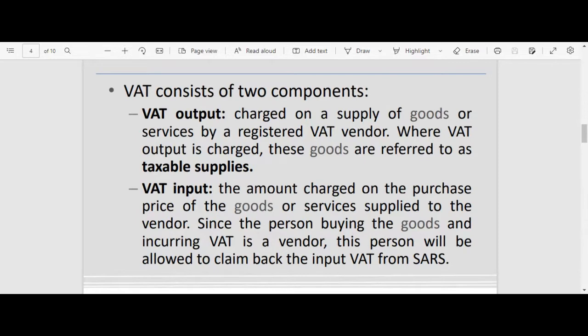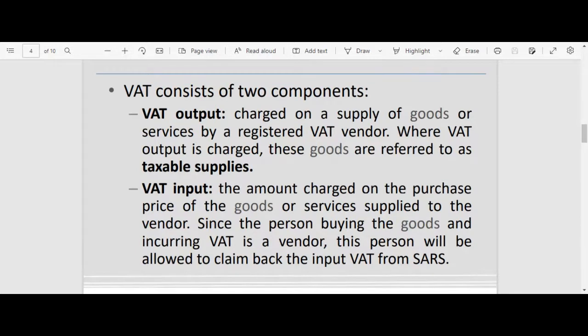If the business has got supplies, whether it's supplies of goods or services, of less than 1 million rands, they do not have to register for VAT purposes. So then it is not compulsory, but they are allowed to register for VAT purposes. So they can do so voluntarily, right? Voluntary registration. Thank you, Zikona.